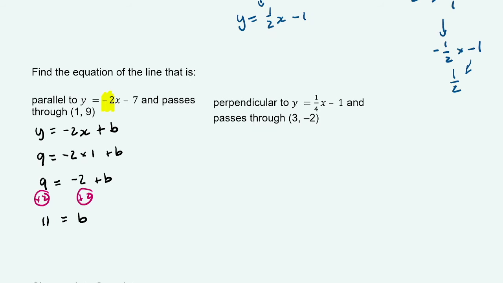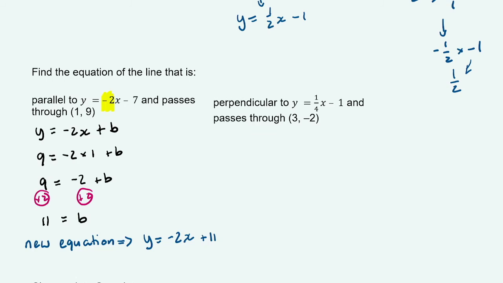So our y-intercept for our new equation is going to be 11. So my new equation is y equals minus 2x, because remember, we need the same gradient for a parallel line, plus 11. So these lines are going to be parallel to each other, just going through a different part of the y-axis.